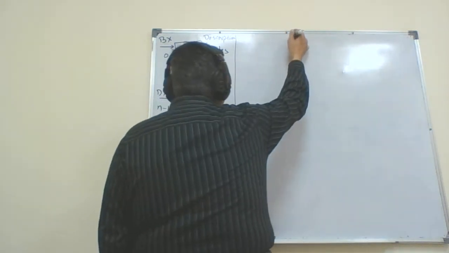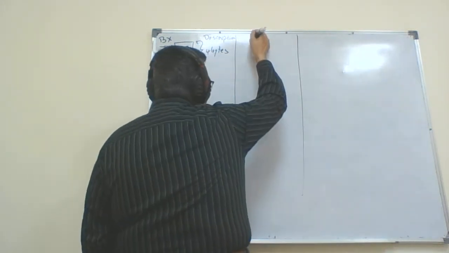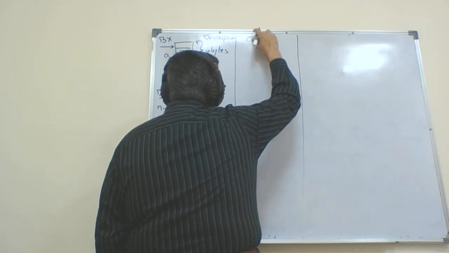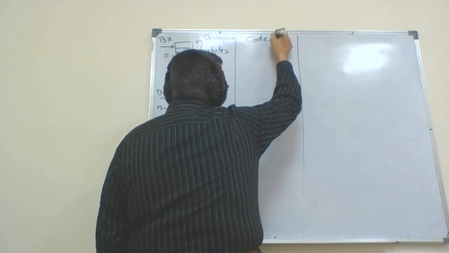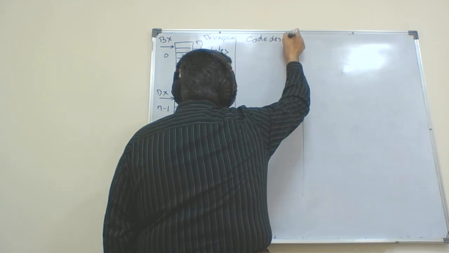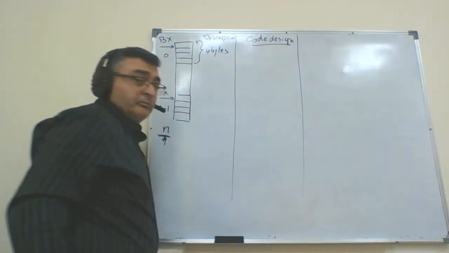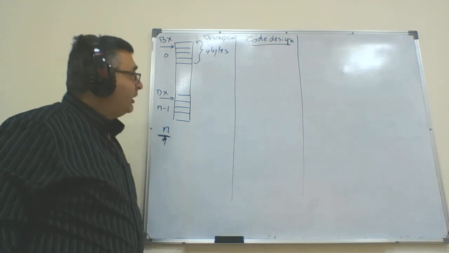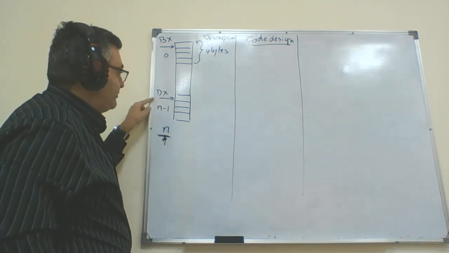So here is the code design: the logic that I will apply, in steps. What are the steps that I want to do? I have BX, I have DX.